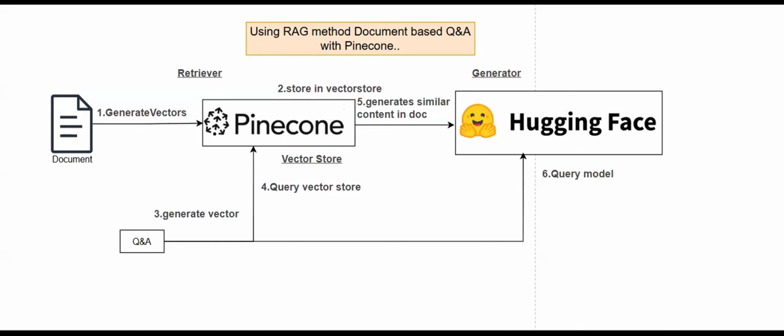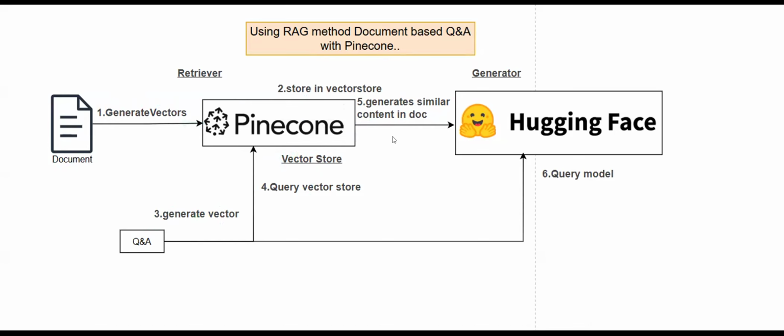When do we use this approach? We use this approach whenever we have multiple documents and a lot of content. During that time, we are unable to pass the document content directly to the model and get the response. So we need to store all the documents' content in our Pinecone vector store, and by using the query and cosine similarity, we get only the specific or related documents.